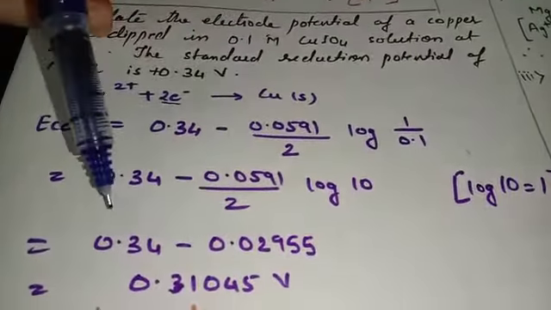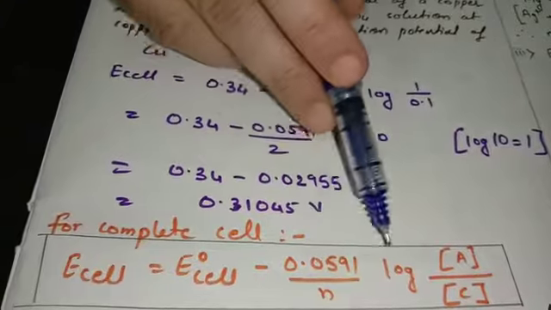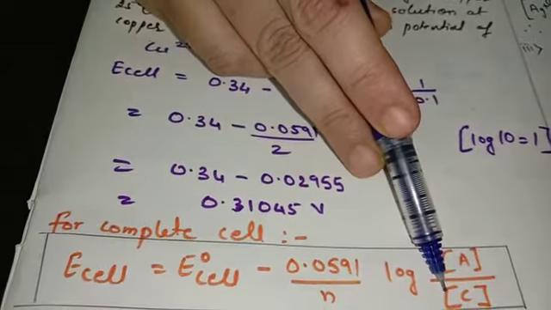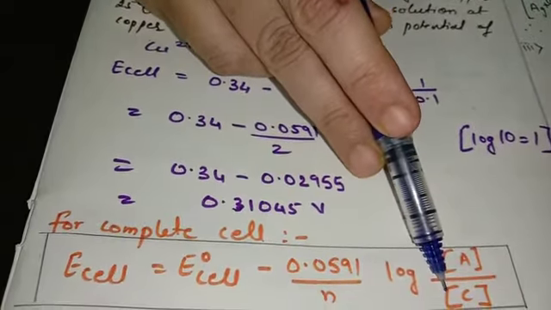Now for the complete cell, the formula comes to be E cell is equal to E naught cell minus 0.0591 upon N log molar concentration of anode upon molar concentration of cathode. A represents anode whereas C represents cathode. Now the question is, represent the cell in which the following reaction takes place.